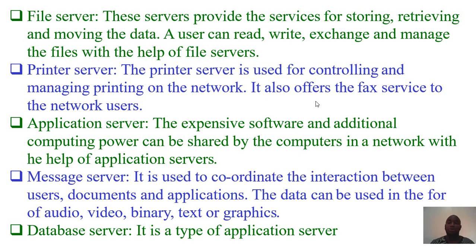It also offers fax to the network users. So whenever you want to have a printing resource, you have to have a print server for easier management, to check who has printed what, or in case there's anything on the queue.